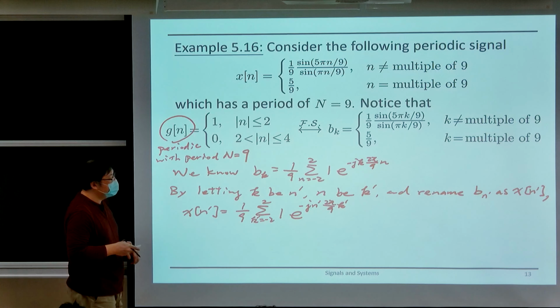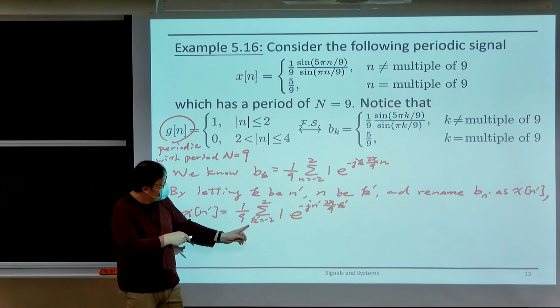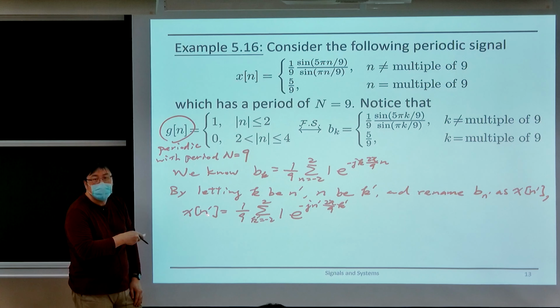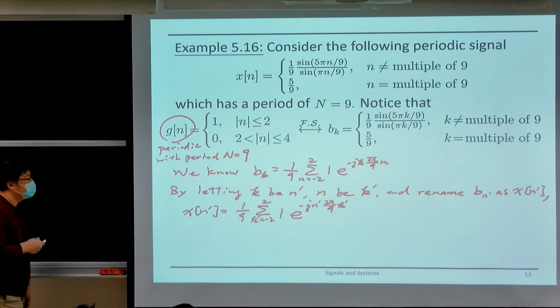So I'm only changing n to k prime, k to n prime, and renaming Bn prime as xn prime.